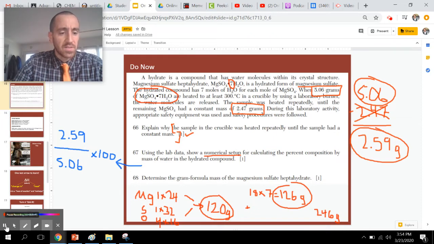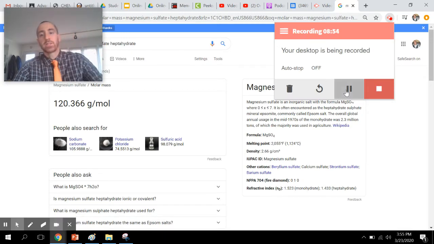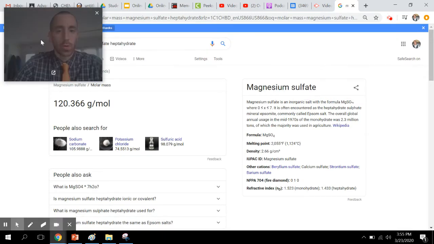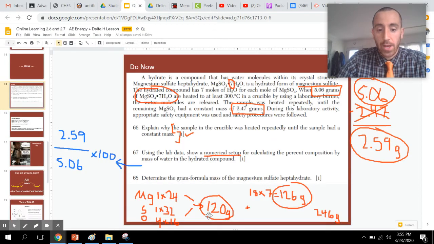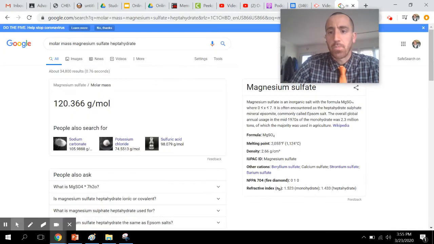Let me go pause the video and see if I can find confirmation that this is in fact our answer. All right, so I just did a quick Google search for molar mass of magnesium sulfate heptahydrate, and magnesium sulfate by itself is 120. Well, we came up with that. We had 120, but this Google search is not including the mass of the water.